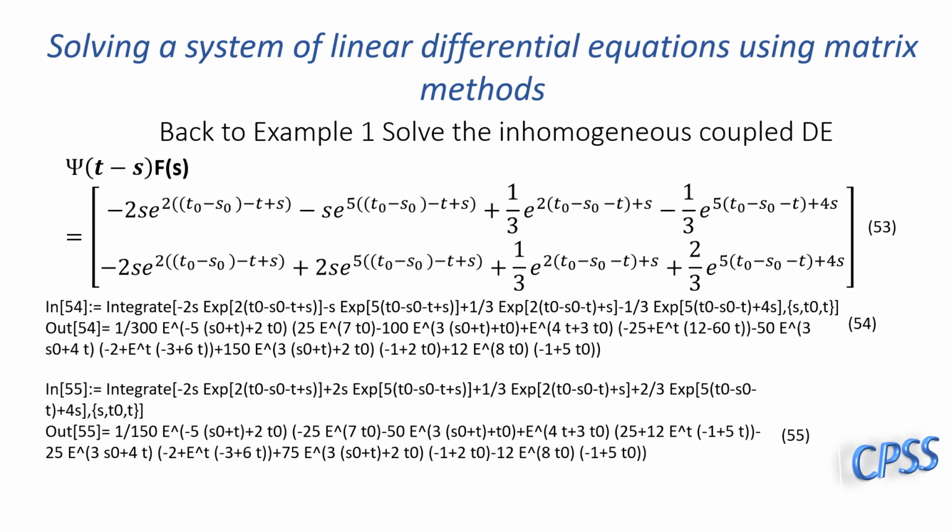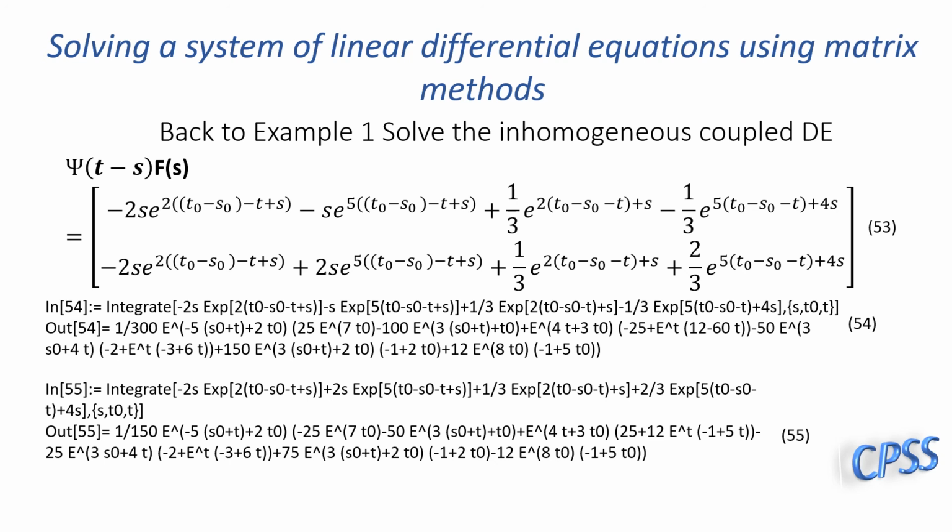Equation 53 is the result of multiplying the fundamental matrix t minus s times the column vector. This is before integration. Now, when I integrated, the results I got were equations 54 and 55.